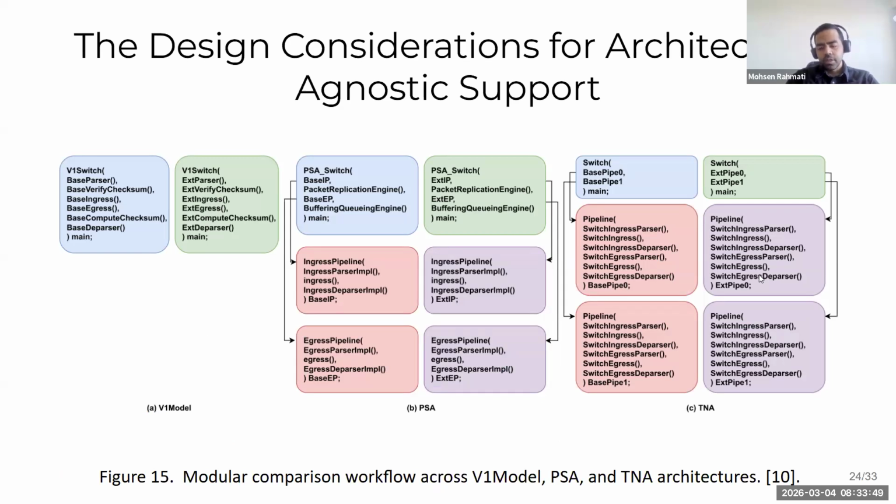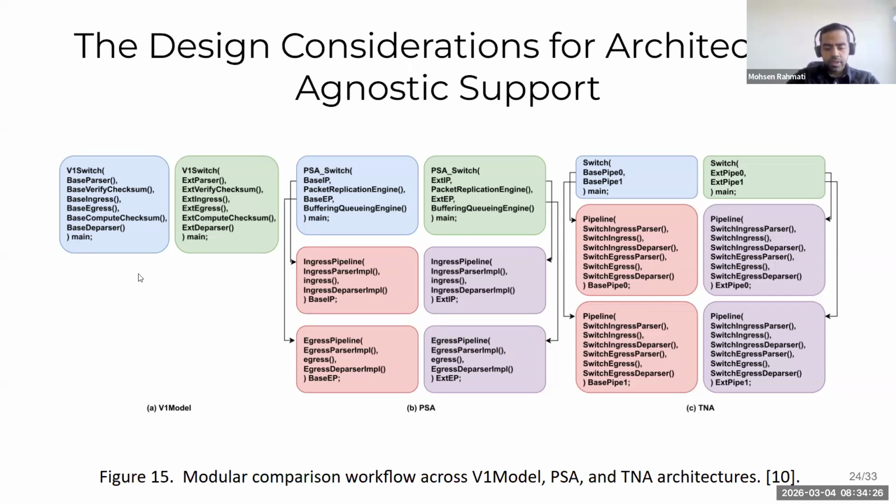Okay, and also I need to mention P4Muse is designed and validated in the V1 model, but we consider support for other architectures in the design. For example, in the V1 model on the left, as you can see, we have two V1 switches, which include base parser, base verify checksum, base ingress, base egress, and compute checksum and deparser.